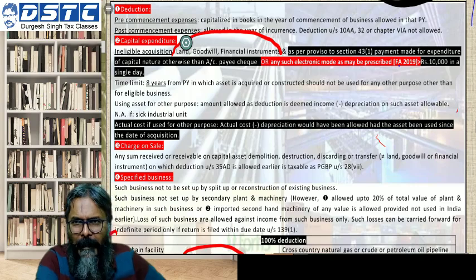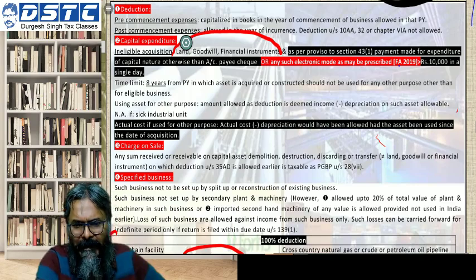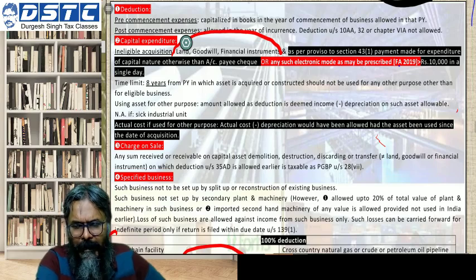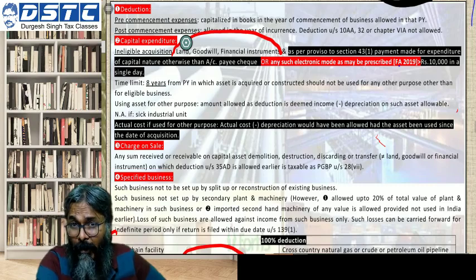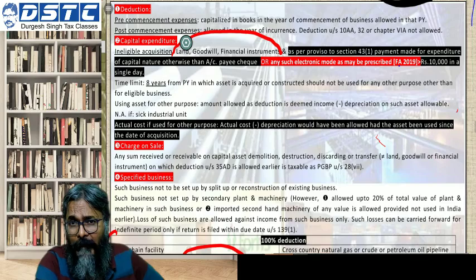Now, students, if you remember, we have seen even in the case of actual cost, while we were discussing that depreciation concept, if I have paid for the asset in cash in excess of rupees 10,000 on a single day, then be careful, that will not form part of my actual cost of that particular asset.